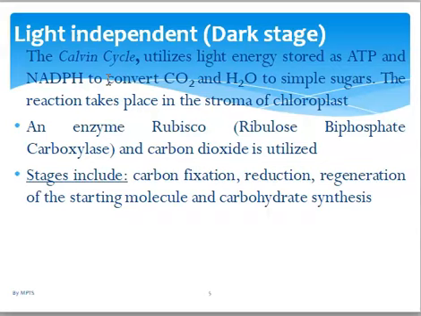The enzyme rubisco, ribulose bisphosphate carboxylase, is used, and carbon dioxide is utilized. I just described the summary of the cycle, but there is a longer cycle: carbon fixation, reduction, regeneration, the starting molecules, and then carbohydrate synthesis.